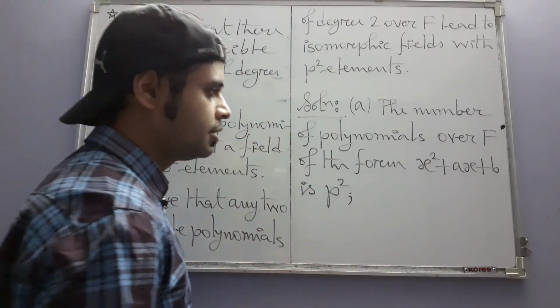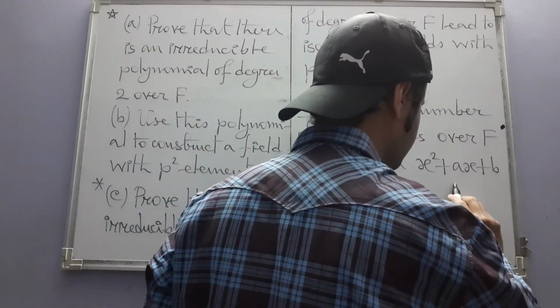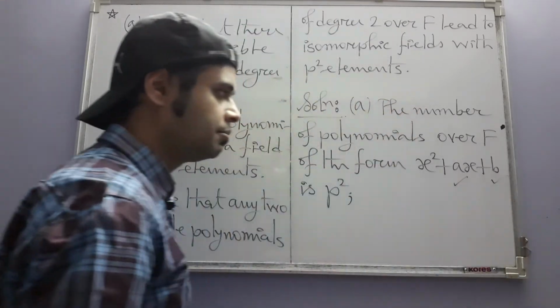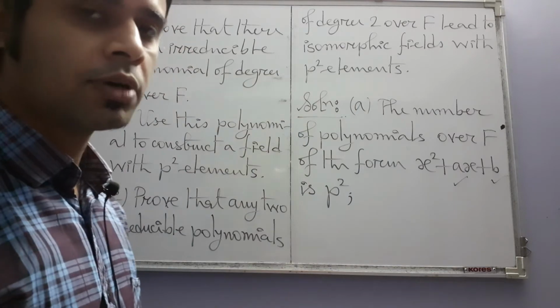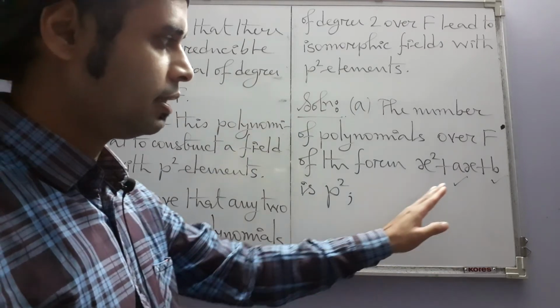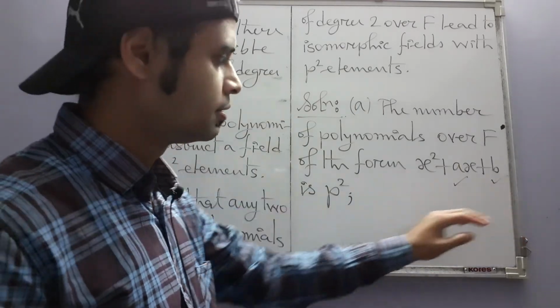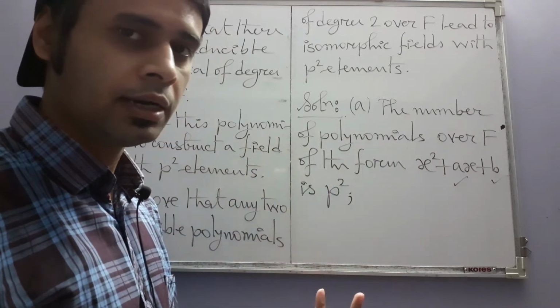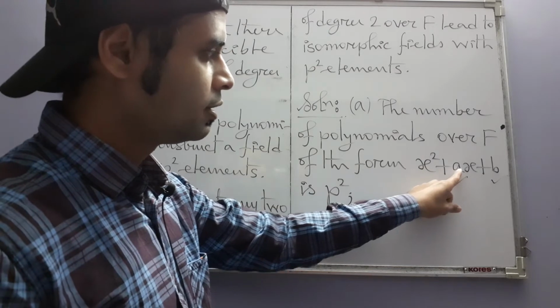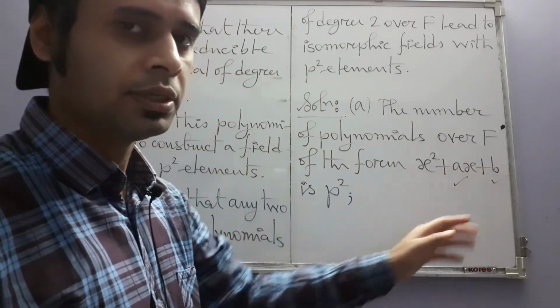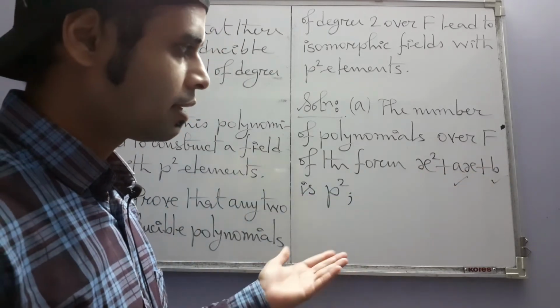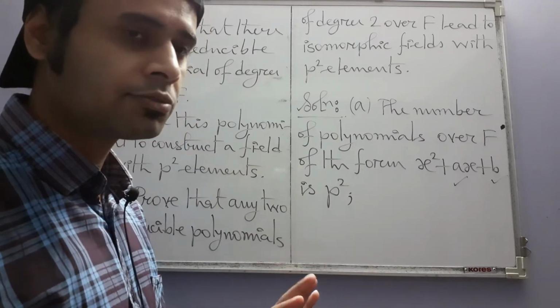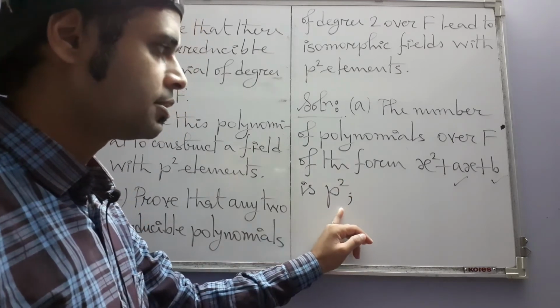That is because you see the things you can change here are a and b, and each one of them can be chosen independently of the other from our field F, and F has p elements in it. So for each one of these two, a and b, we have p choices, and because the choices are independent of each other, the total number of choices is p square.